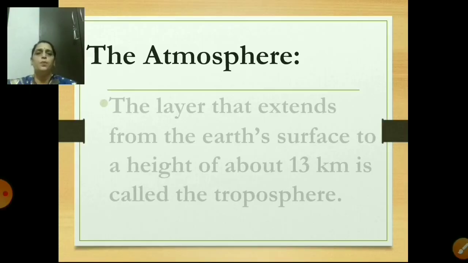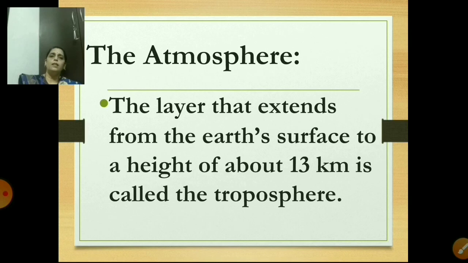Now the next point. The layer that extends from the Earth's surface to a height of about 13 km is called the troposphere. Yes, students, from the Earth's surface to a height of about 13 km, the layer that extends is called the troposphere.